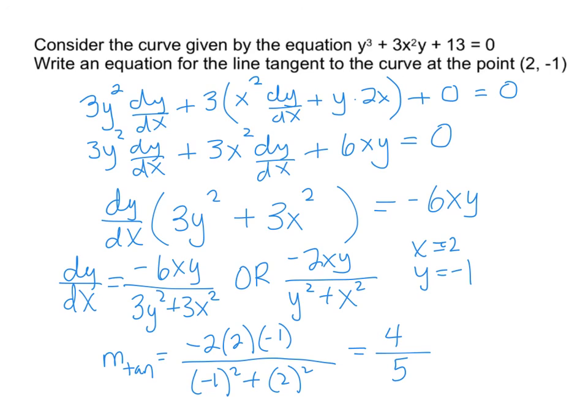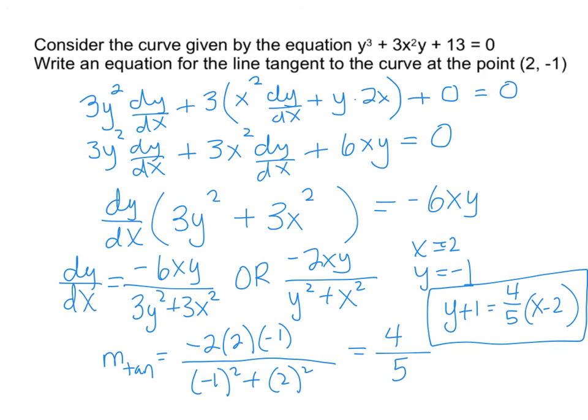All right, so there's my slope. Last thing to do is to write the equation of the line using point-slope form. My point was (2, -1). So y plus 1 equals 4/5 times (x minus 2). And that is the equation of the line tangent to that curve at that point.